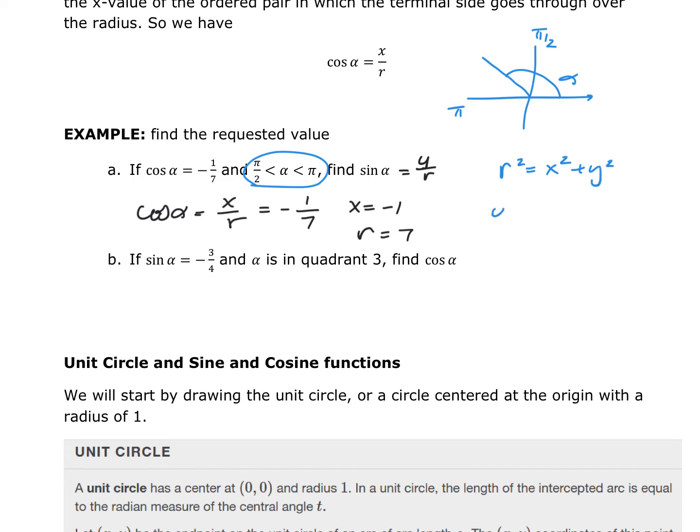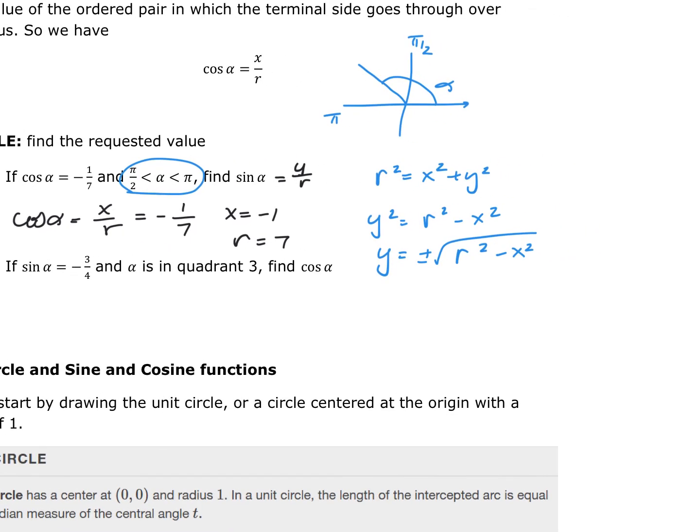So y squared must be equal to r squared minus x squared. That means y is equal to plus or minus the square root of r squared minus x squared. Since we know we are in quadrant number 2, y is a positive value, so we choose the positive.